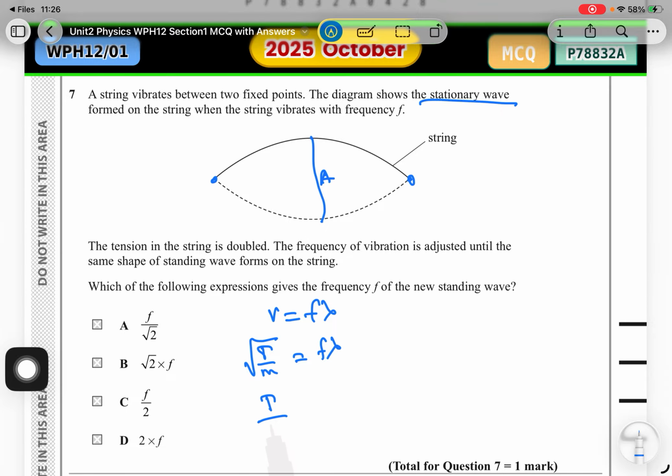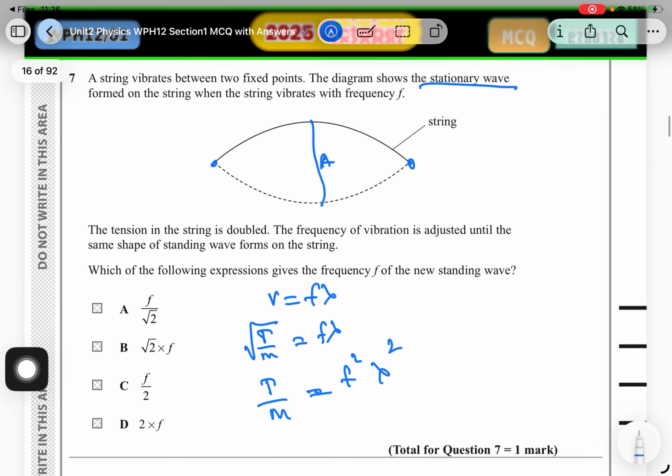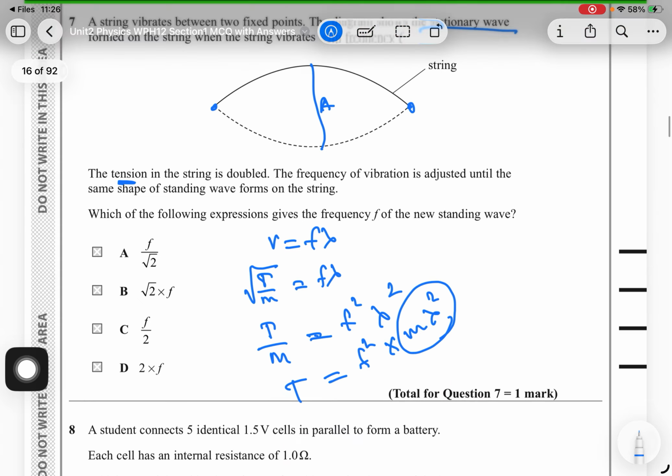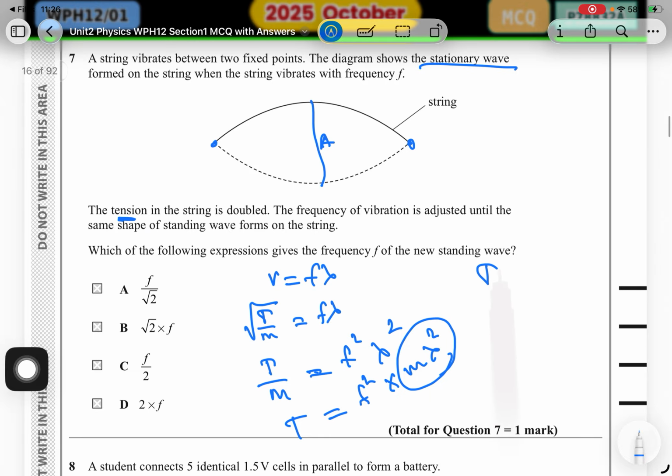So T divided by mu is f squared lambda squared. Since the tension is doubled, I'll take the tension to one side: T is f squared times mu lambda squared. We can see mu lambda squared is a constant, so I can write T is proportional to f squared.